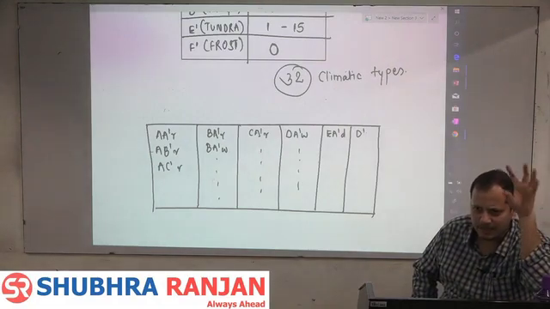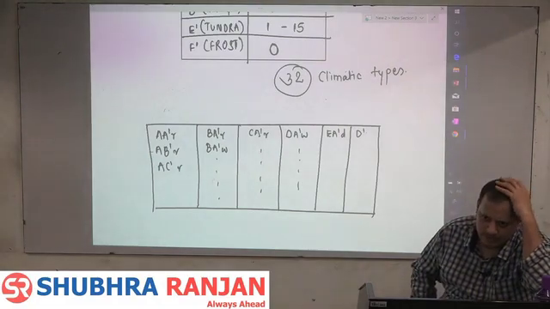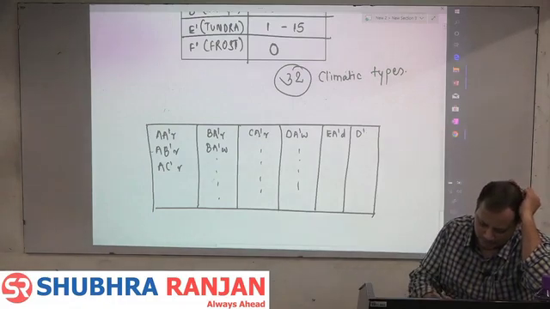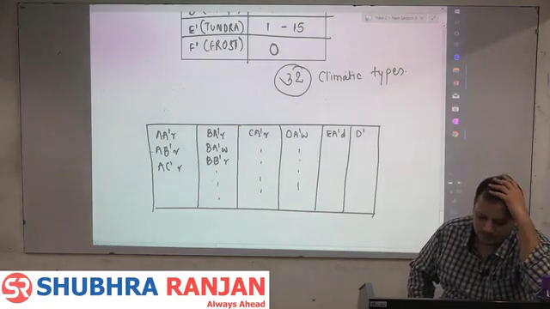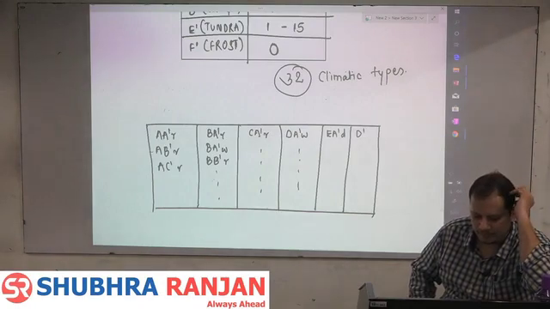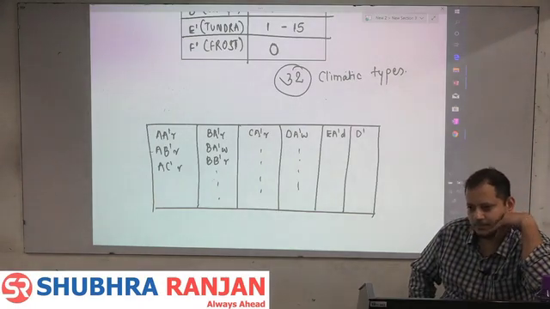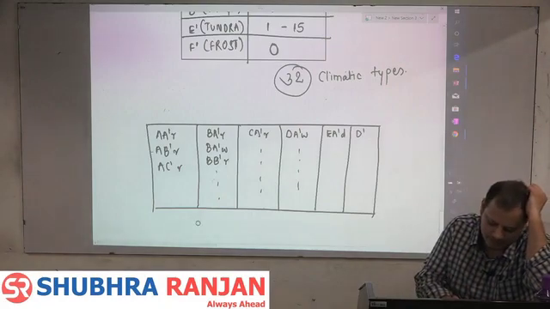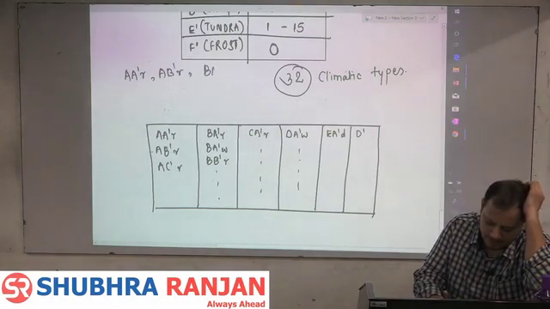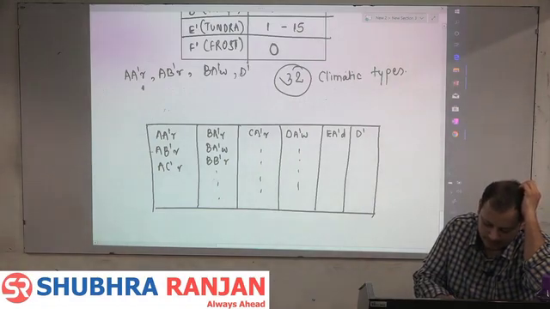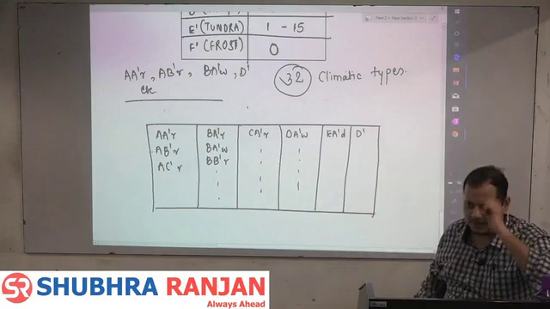Example A-A-R, A-B-R, B-A-W. So you write like this. Example A-A-R, A-B-R, B-A-W, D, etc. No need of making the table.